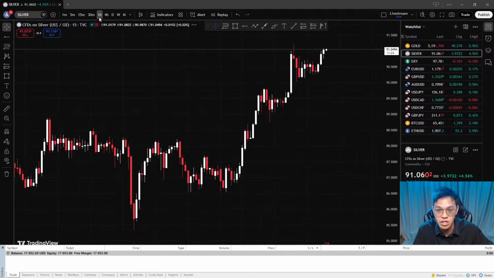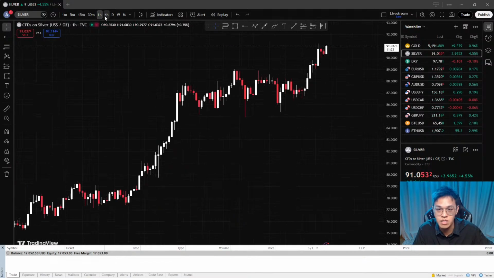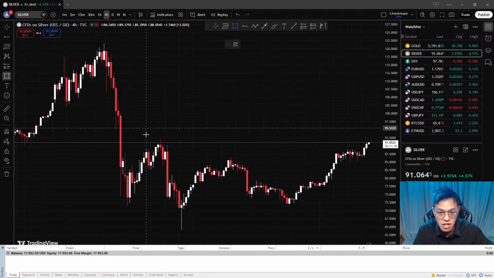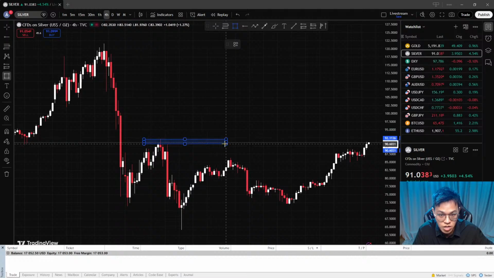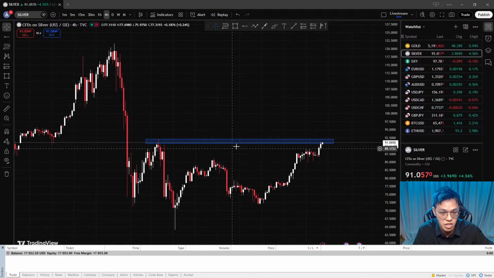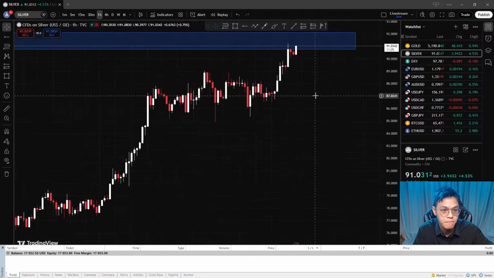But the price has already flown, okay? The price starts to challenge this significant high on the 4-hour chart. This is a 4-hour resistance, a 4-hour significant high.